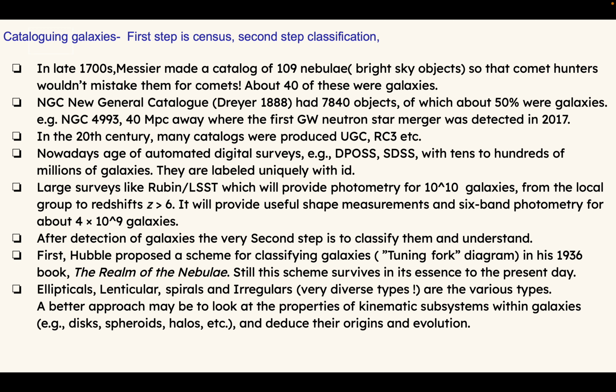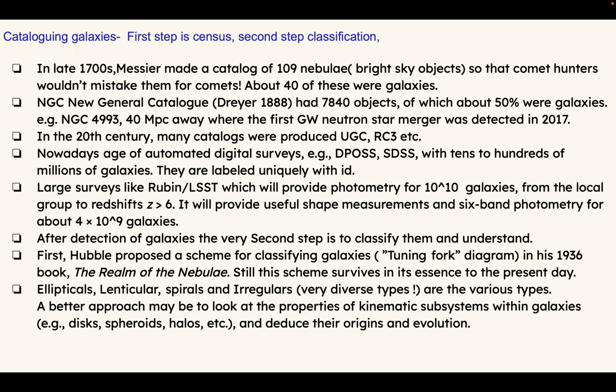Still, the NGC naming convention is used, and we will see how you can access the latest version of the NGC catalog from the browser for your own work. In this lecture or the next, we will cover how to see the image of the NGC objects with just one or two clicks.